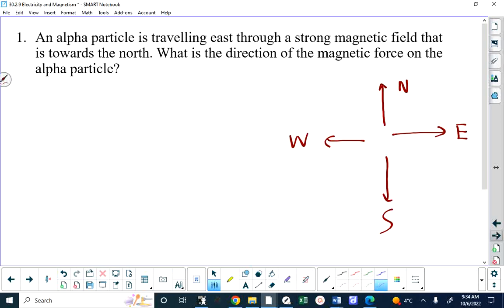If you do it in real directions, and again, I really wish our room actually faced north, so north on a map would be north in real life, but it doesn't. If we're doing it in real directions, you say, well, that's north, that's east. And I want to be careful because I mix the two up when I go real directions all of a sudden. So the alpha particle is traveling east through a magnetic field that's north. It's forced out of the palm of your hand, which is away from the floor, away from the surface of the Earth.